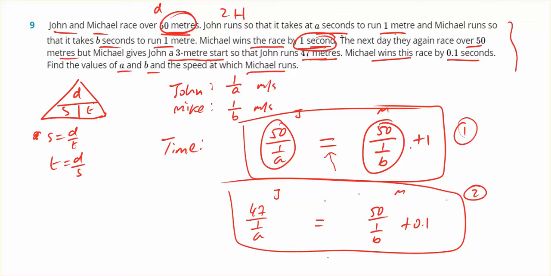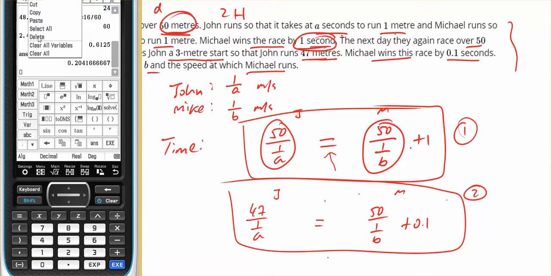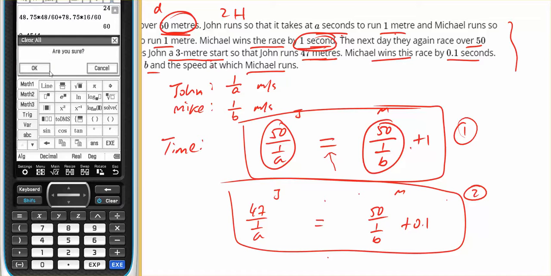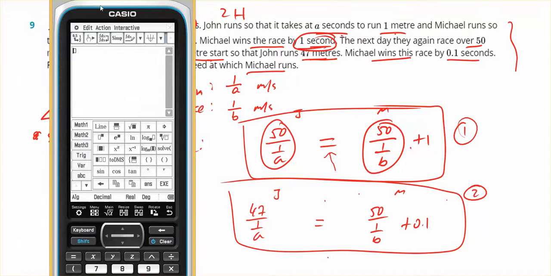All I need to do is use my CAS and solve this. So I'm going to go edit, clear all. Okay, let's start from scratch. I'm going to insert both equations. So 50 divided by 1 over A. I'm just going to call it X, just for convenience, because I don't want to use the other menu.